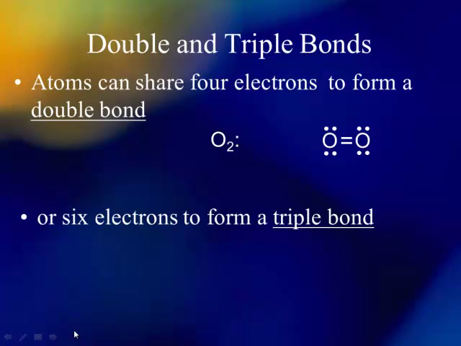Atoms can share up to 6 electrons. This is called a triple bond. This happens in a nitrogen molecule. Each nitrogen has access to 6 shared electrons and 1 unshared pair, again totaling 8 valence electrons for each nitrogen.